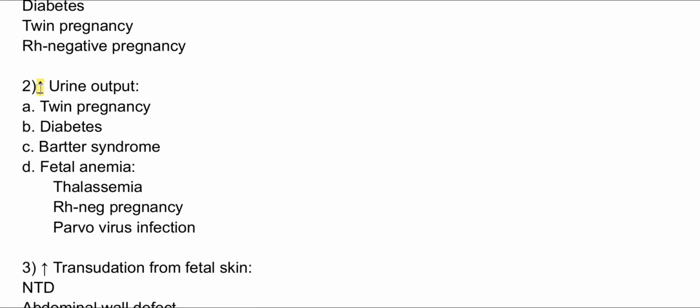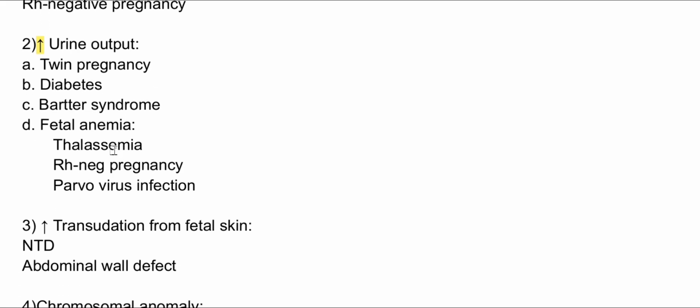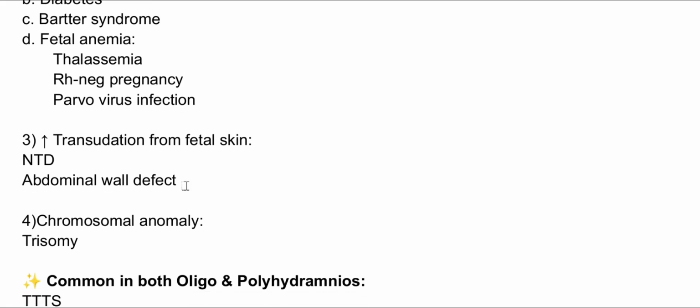Increased urine output, as in twin pregnancy, diabetes, Bartter syndrome. Bartter syndrome is a syndrome in which the kidney loses more minerals and salt. Fetal anemia includes thalassemia, Rh negative pregnancy, and parvovirus. So, increased urine output can be because of twin pregnancy, diabetes, Bartter syndrome, and fetal anemia, that is thalassemia, Rh negative pregnancy, and parvovirus infection.